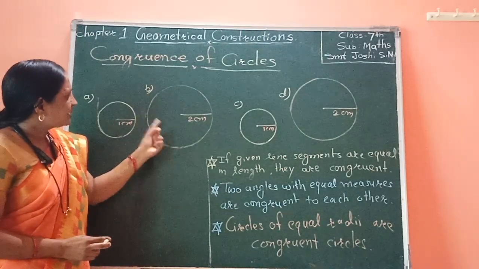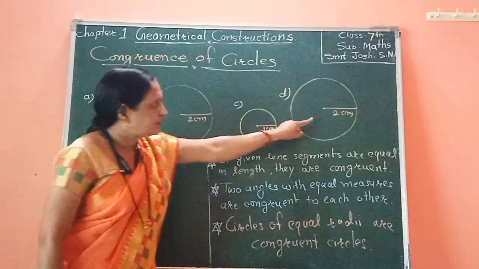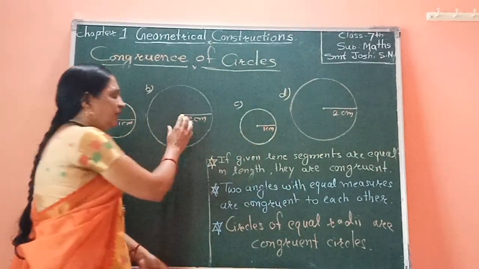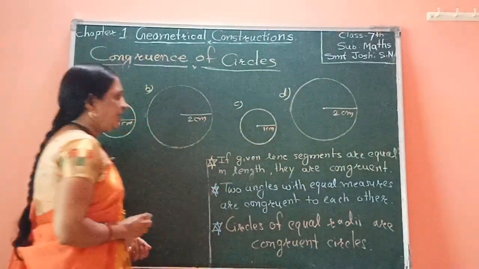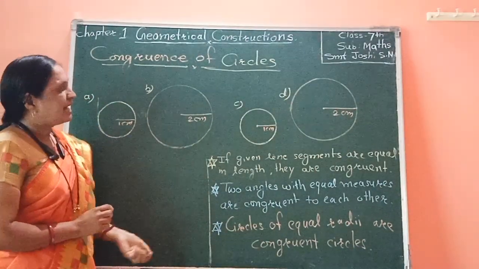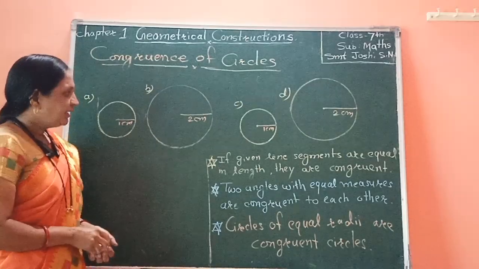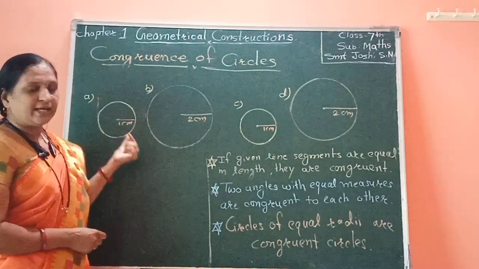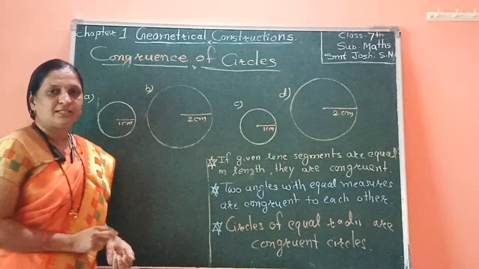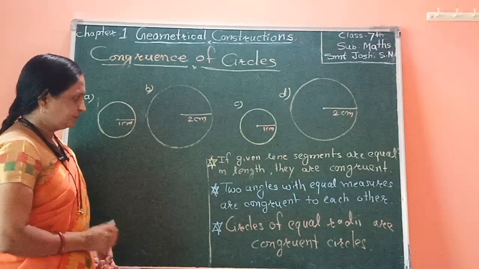And then next circle B and circle D, radius is 2 centimeter. Here radius are equal, means the circles are congruent. In circles, when radius are equal in length, then the circles are congruent.